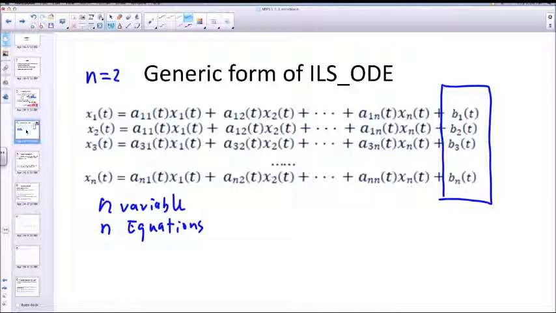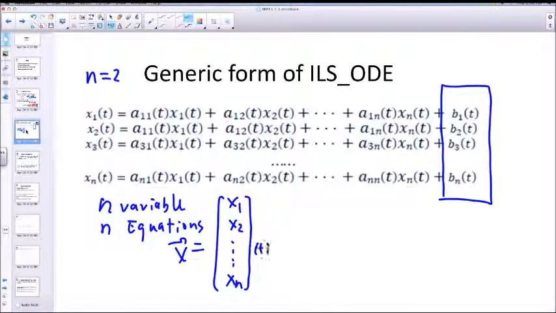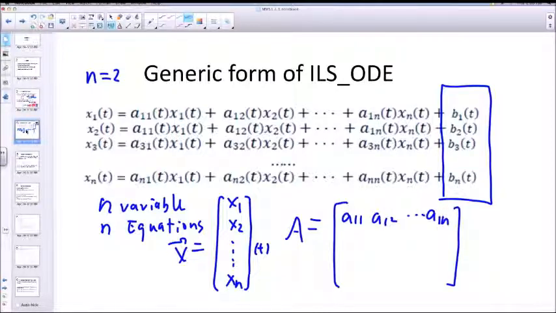And then the system, if you let the x vector equal x1, x2, xn, they are all functions of t, and let the A equal this coefficient matrix A11, A21. This we did many times.